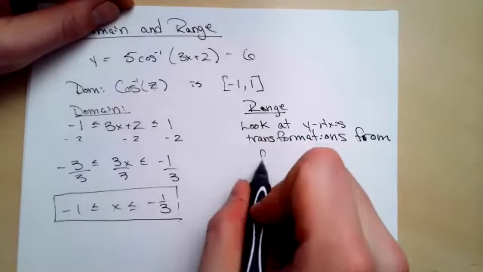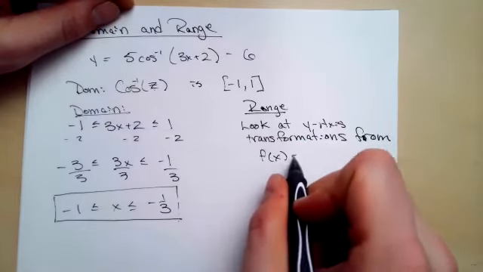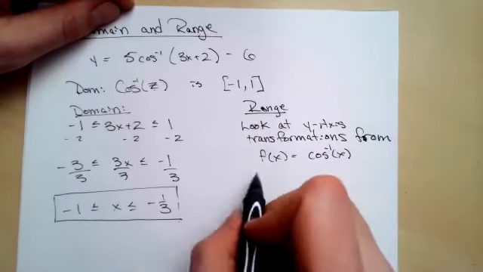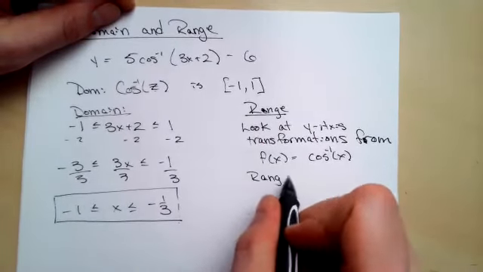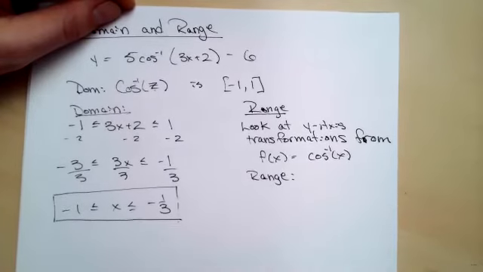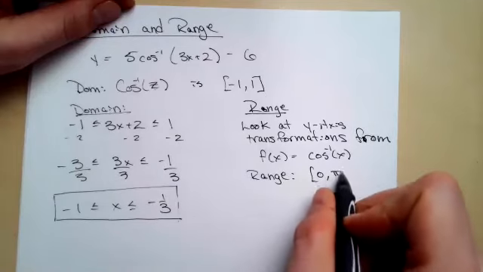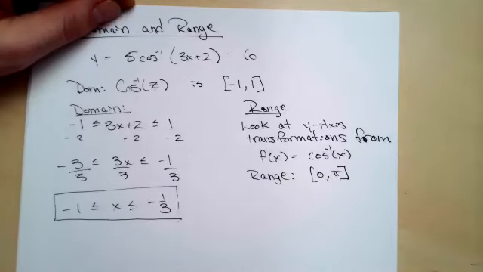So let's say our parent function is just inverse cosine x. So our range, what are the outputs for inverse cosine? 0 to pi, quadrants 1 and 2.